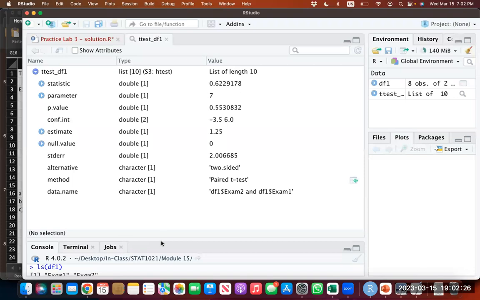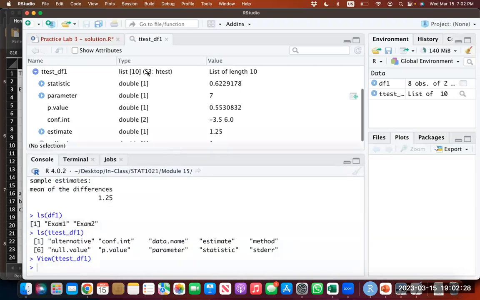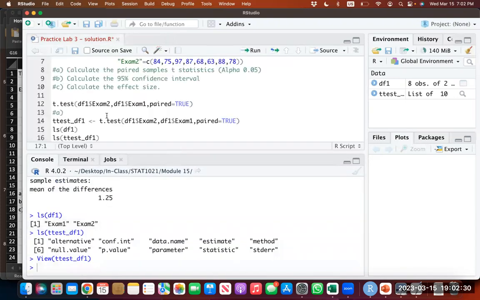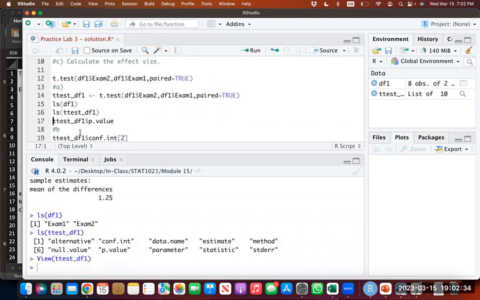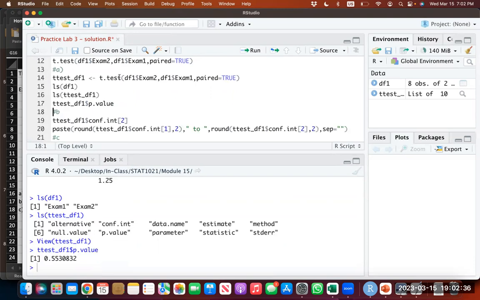You can query each of these individually. For example, you can do the t-test object, and with the dollar sign, you can always get individual sub-objects out of an object.